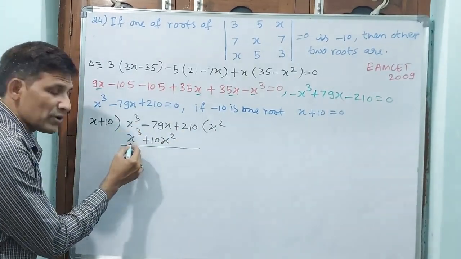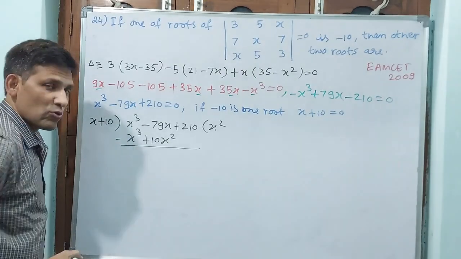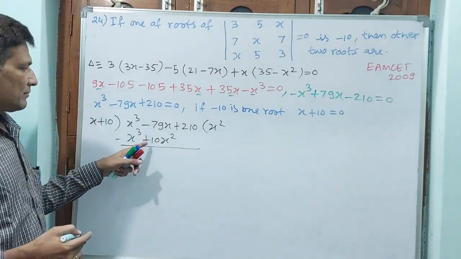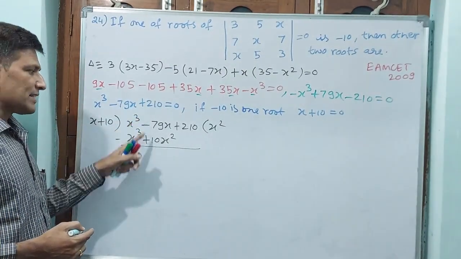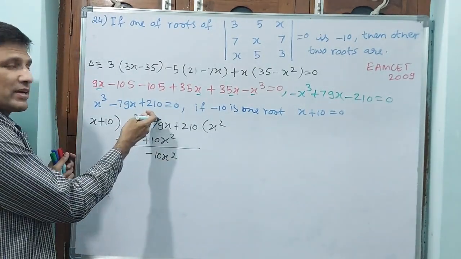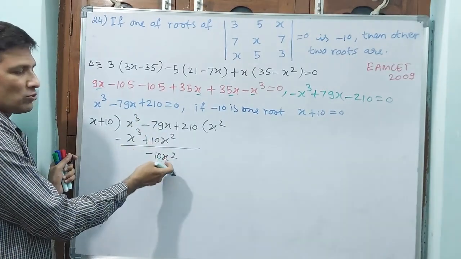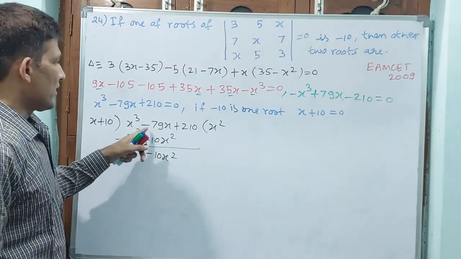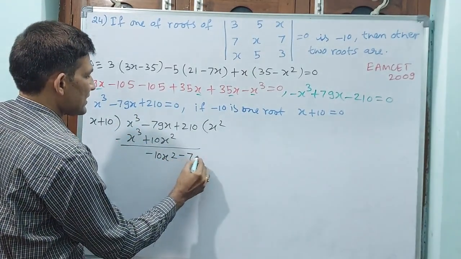The x cube is going to get cancelled out. Here x square is not there, that is why 0 minus 10x square, you have to write minus 10x square. Next minus 79x will come like this only.